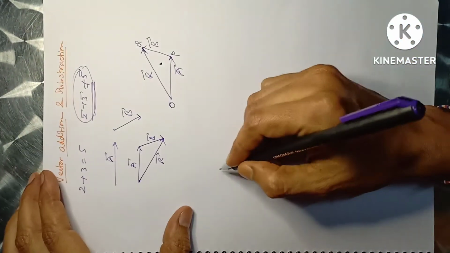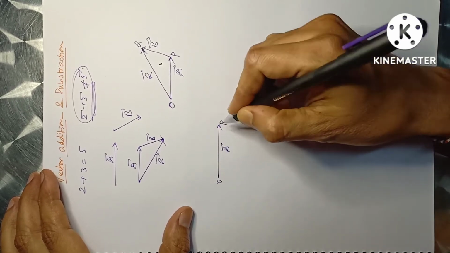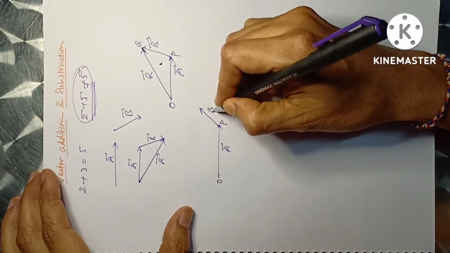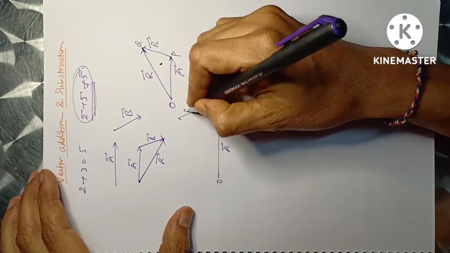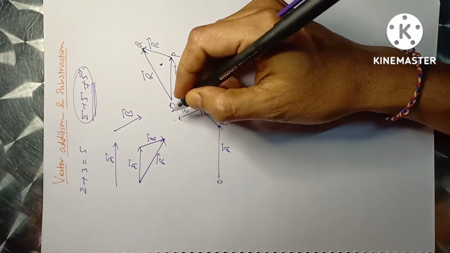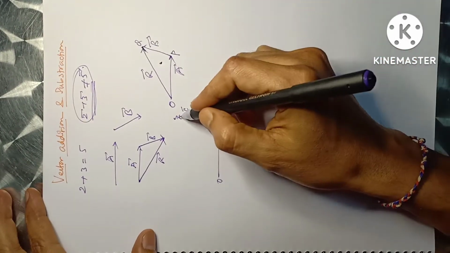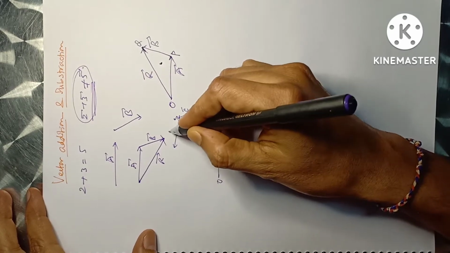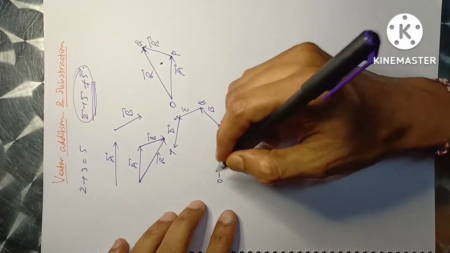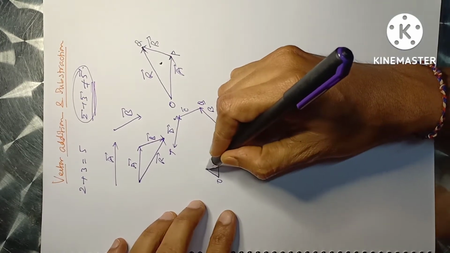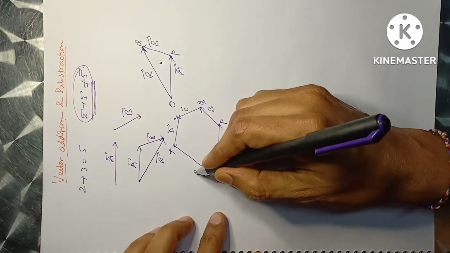Further, consider vector A from O to P, vector B from P to Q, vector C from Q to R or S, and then vector D from S to T. So the final path, the resultant vector, will be from the initial point to the final point.